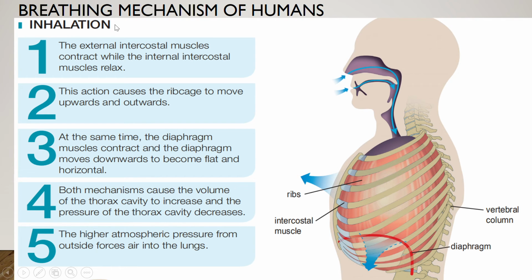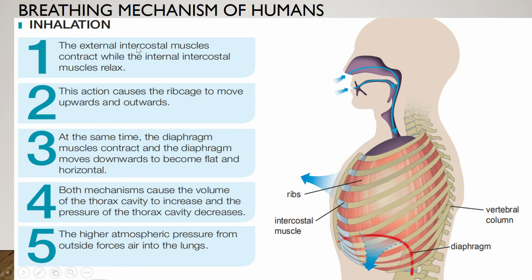Okay, inhalation. Here you need to mention the intercostal muscles. You have the external and the internal intercostal muscles. Last time maybe you didn't describe it in detail, but now you have to mention it.